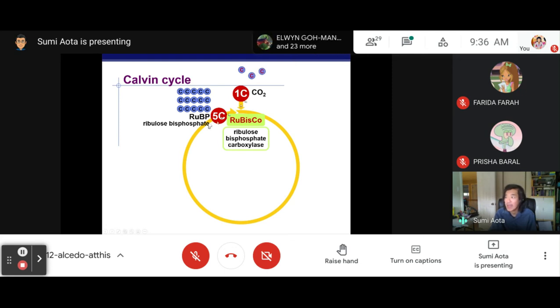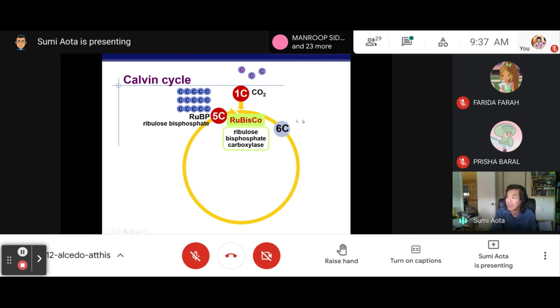The enzyme that's going to combine these two molecules together is called Rubisco. You need to know the name of this enzyme. The short form Rubisco is fine. You don't need to know ribulose bisphosphate carboxylase. But the enzyme that combines carbon dioxide to this ribulose bisphosphate is Rubisco.